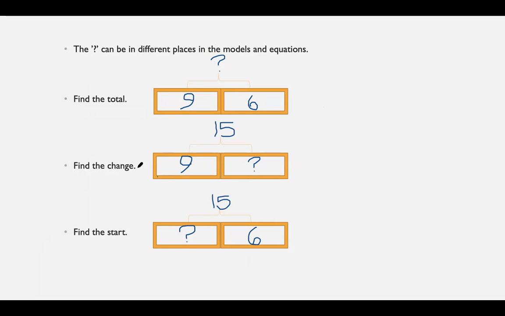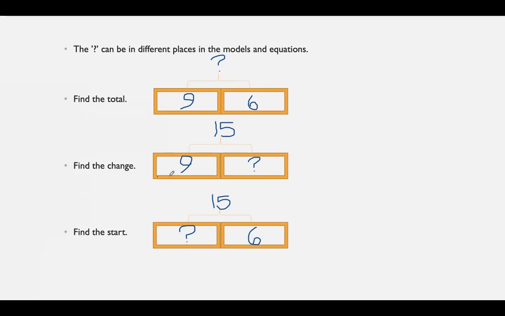When we're finding the change, just like we did with Seth's grapes, the question mark goes in the box below. And when we're looking for the start, let's say we turn this story around. We don't know how many grapes Seth had, but we know that he had 9 to start and his father gave him 6. That's when we're finding the total.